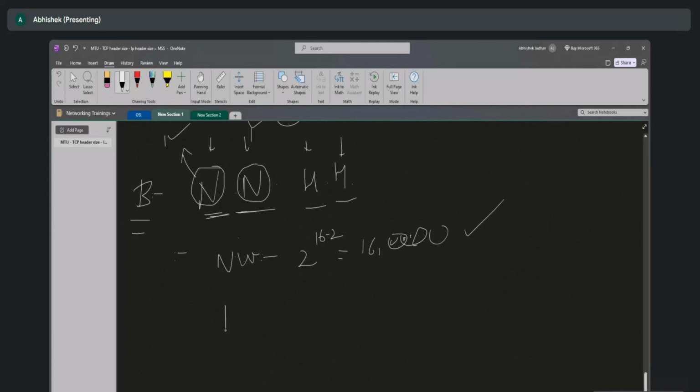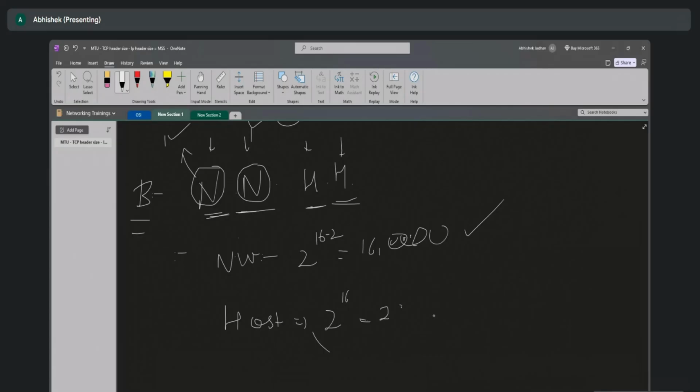So what about the host portion? It will be 2 to the power of 8, 8 plus 8 is 16. And from the overall figure of this, we will be removing two IPs, which is for its own network and broadcast purposes, right?